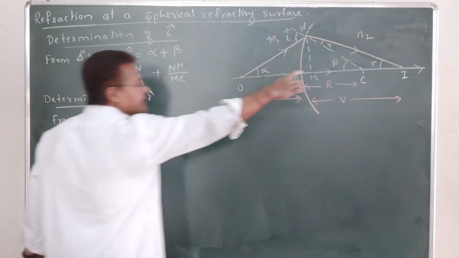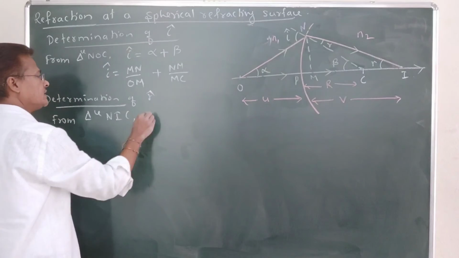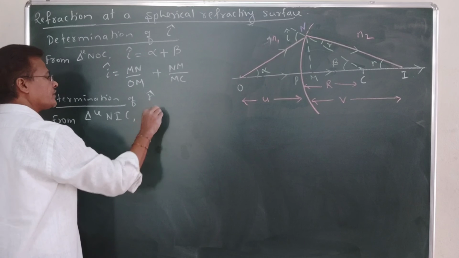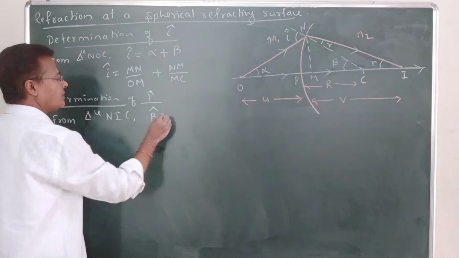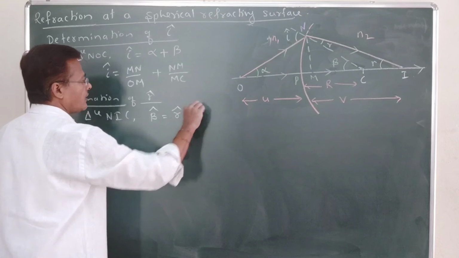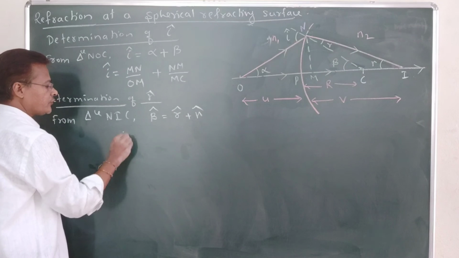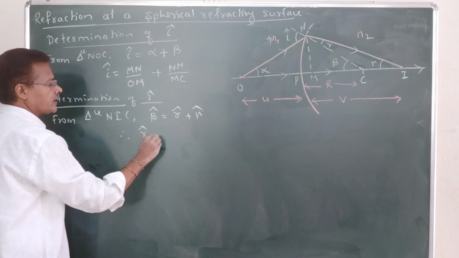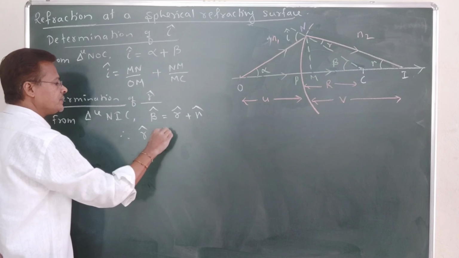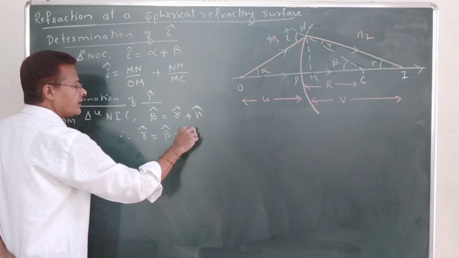Here beta is the exterior angle, and R and gamma are the interior angles. Beta is the exterior angle of the triangle, so beta equals R plus gamma. We want to calculate the R value. Therefore R equals beta minus angle gamma.